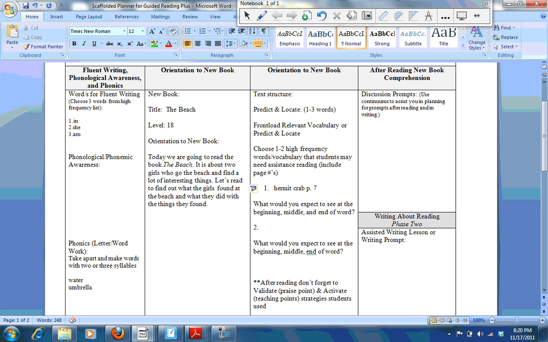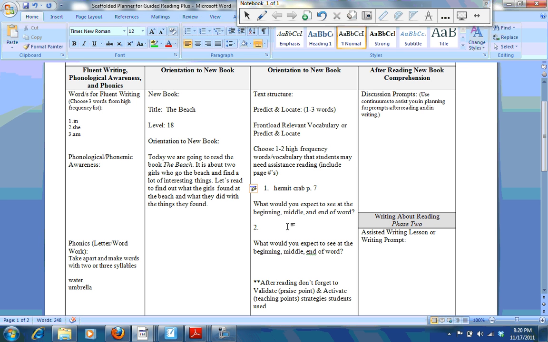And so they've thought about really going through and searching through that whole word. They've also learned about two-syllable words. And so hopefully with getting them thinking about that, when they come to some of the other two-syllable words, they're able to do that. So hermit helps me with building that vocabulary that they may be unfamiliar with, but it also helps me with that searching through the word strategy and the syllable strategy.